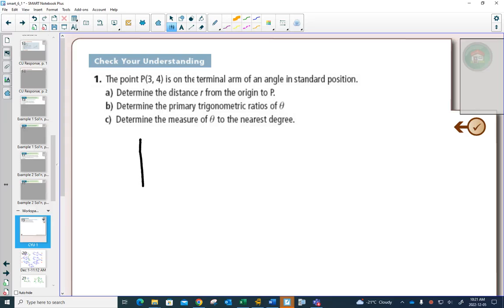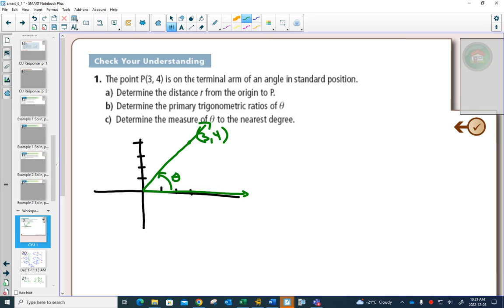So we could draw a picture of this. 1, 2, 3, 1, 2, 3, 4. Here we have the point 3, 4. If that's on the terminal arm, this is where the angle ends. Standard definition means it always starts from here. Here is our angle theta.